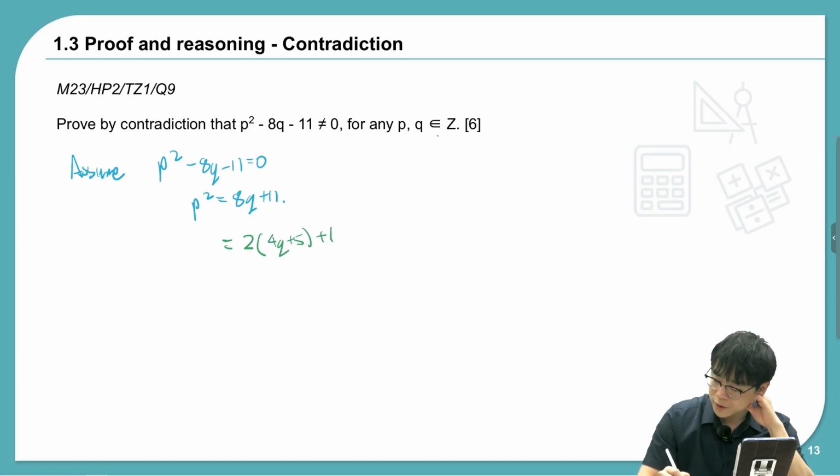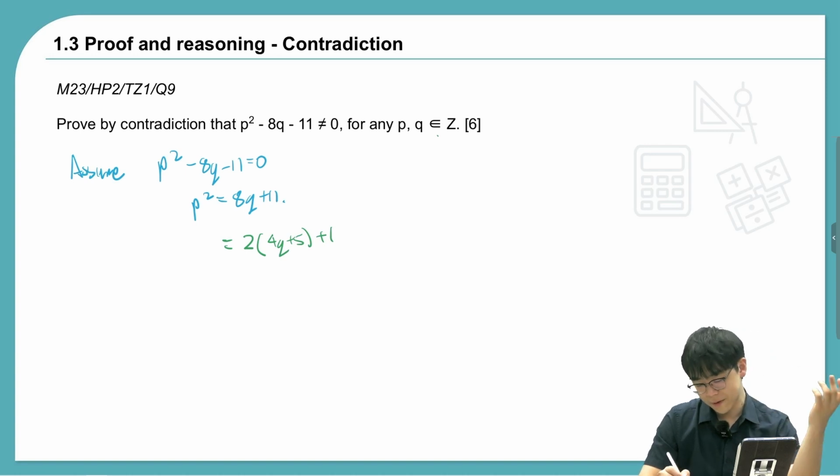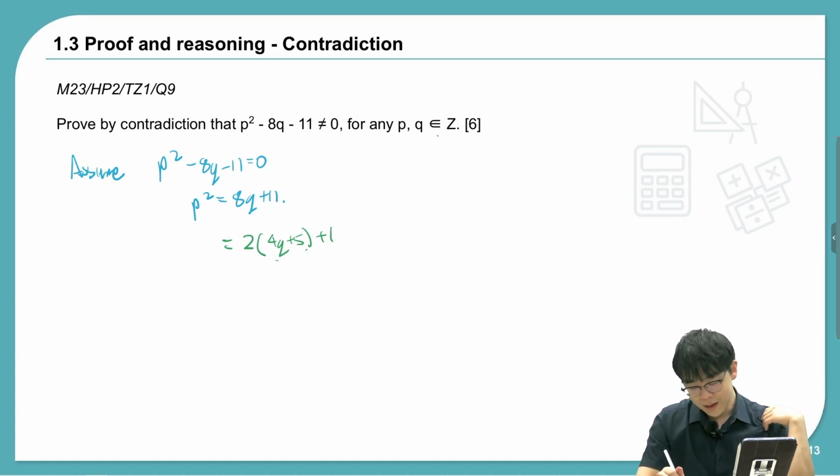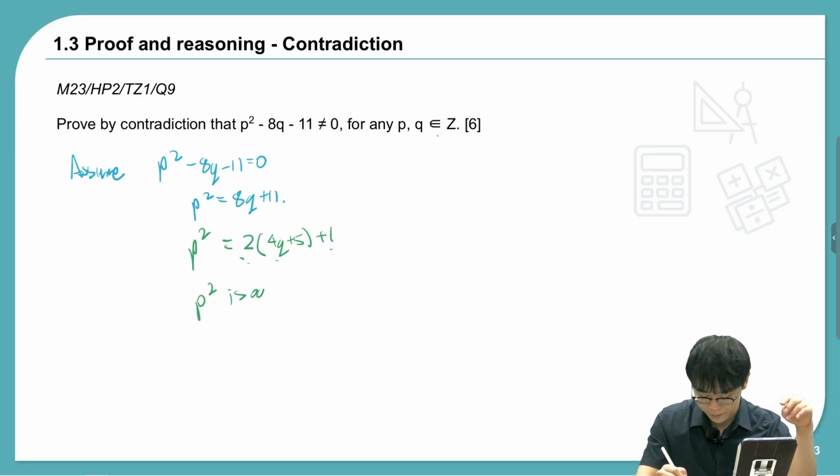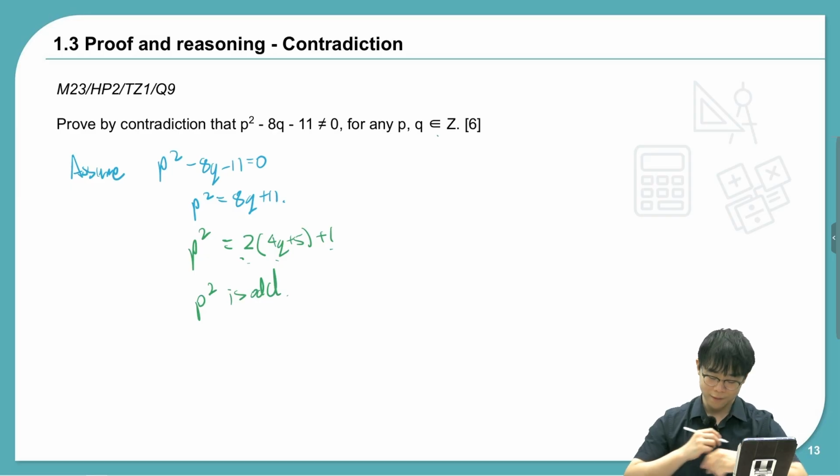If Q is an integer, 4Q plus 5 could be an even or odd number. Actually, it's an odd number, but whatever, this is also an integer. We're multiplying that by 2, so it's an even number, but we're adding 1. So P squared is this, but we're saying P squared is an odd number, right? So that's the first finding we have.